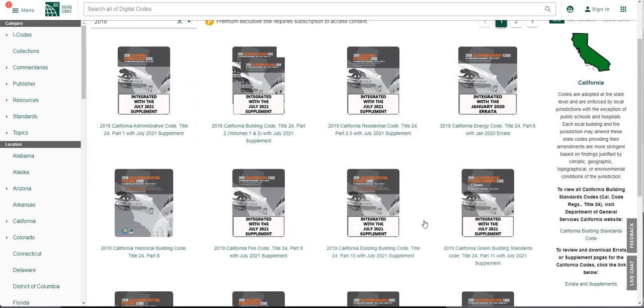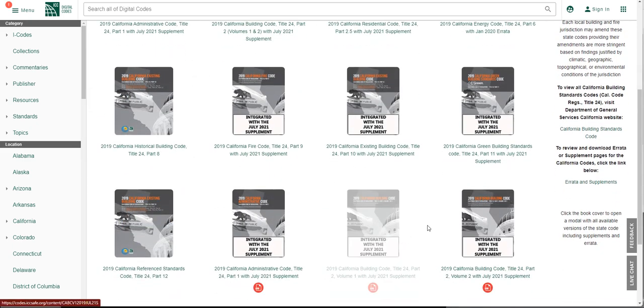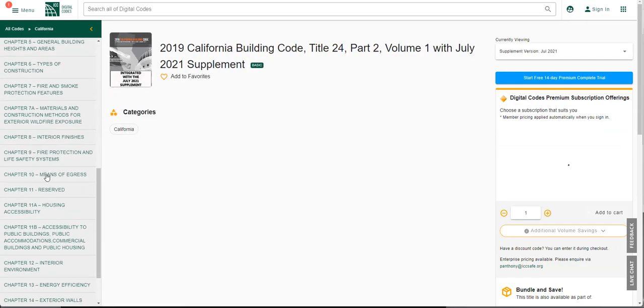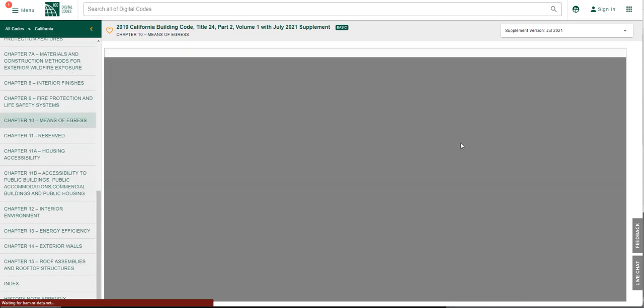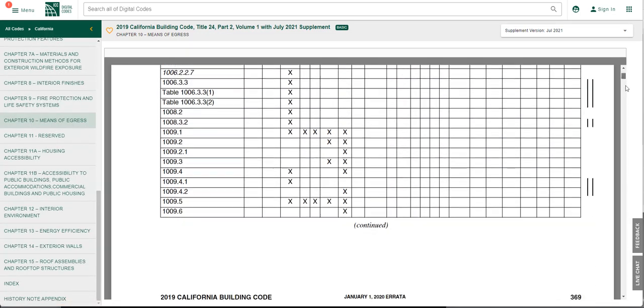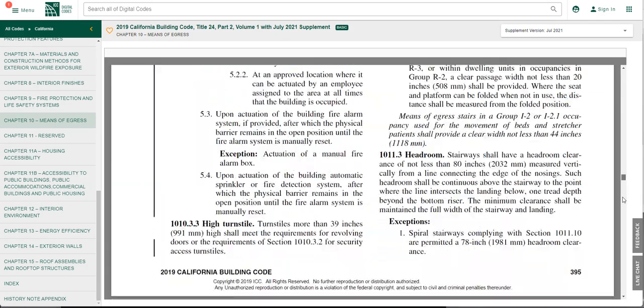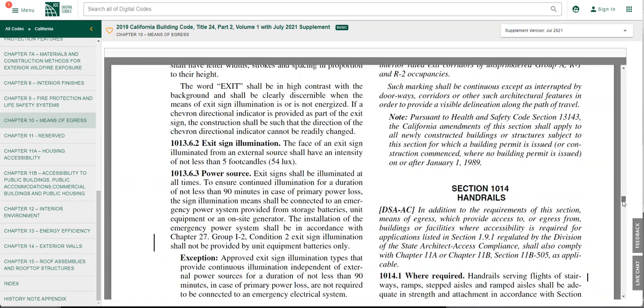Here's your building code, Volume 1, Cal 24 Volume 1. So over here, that's that one. And then means of egress is in chapter 10. And then you can look up the particular code, that's 1018. Further down here, 1013.